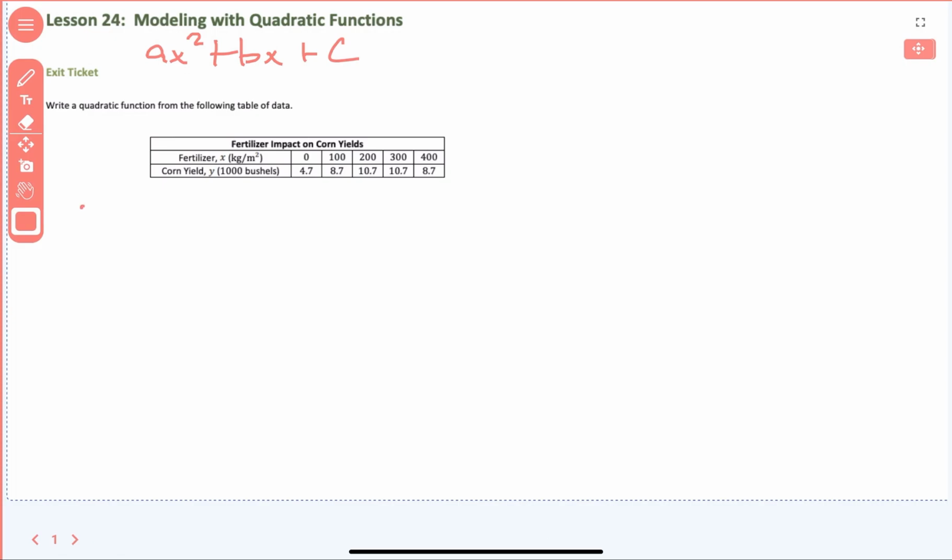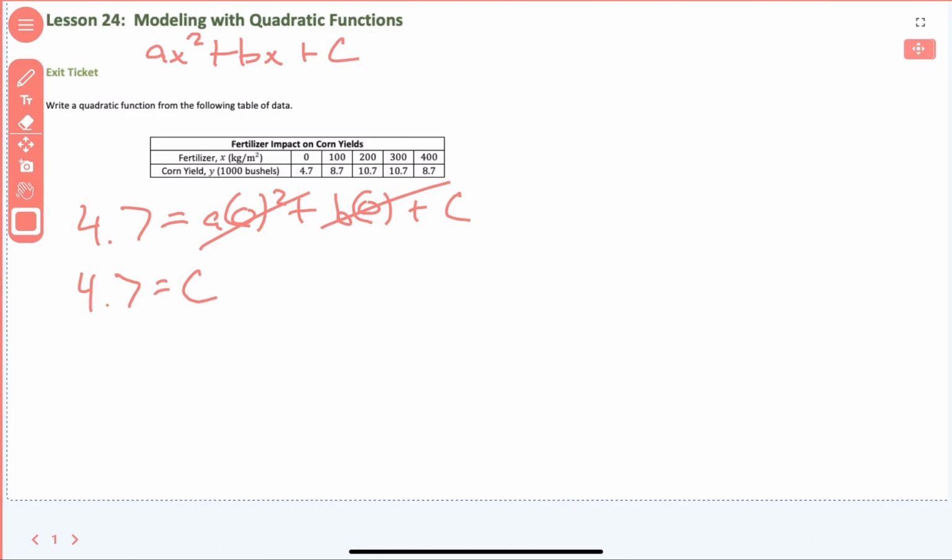So we could write the equation as 4.7, if we're looking at these two points. 4.7 is equal to what? A times 0 squared plus B times 0 plus C. Well, what is that? 4.7 is equal to C.